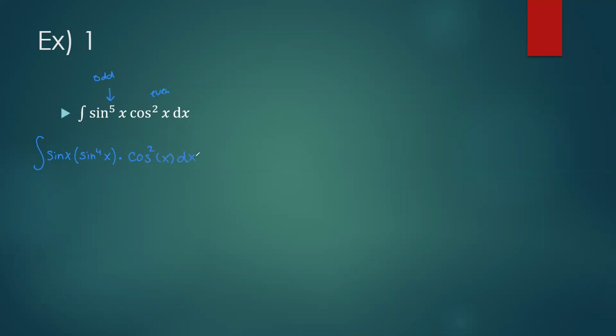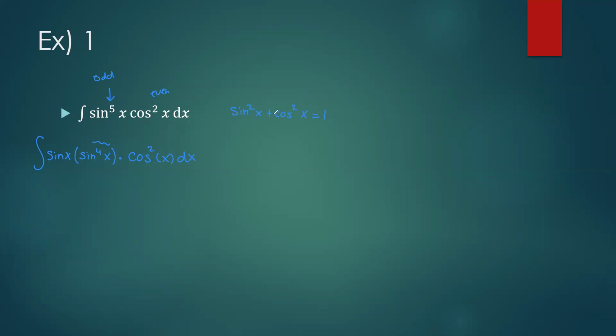Then what you want to do is use your identities. I'm going to use the Pythagorean identity to rewrite sin 4 of x. One of your Pythagorean identities is sine squared plus cosine squared equals 1.